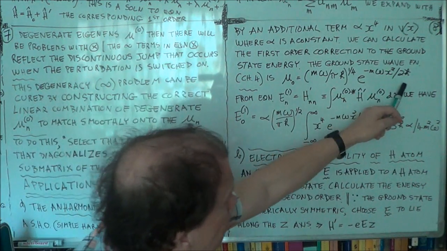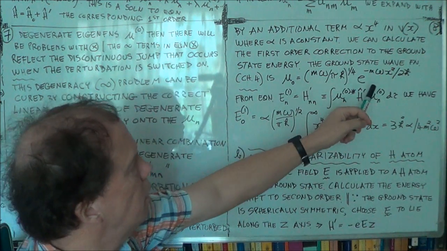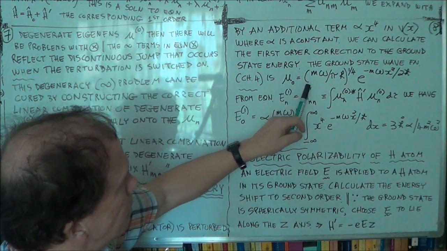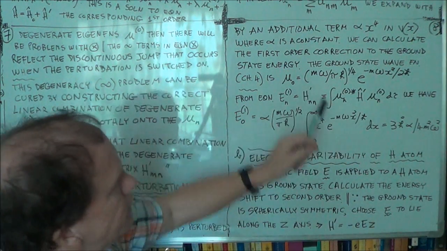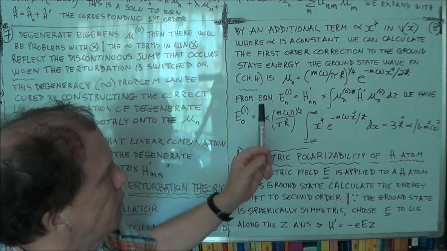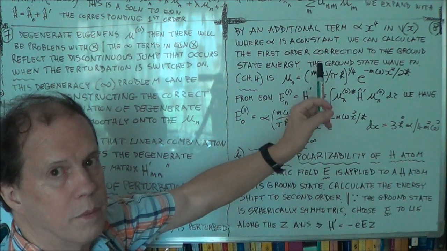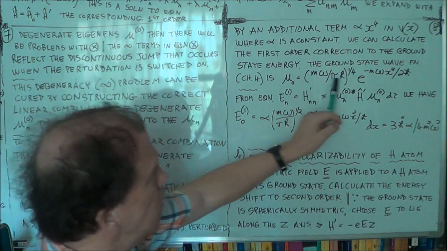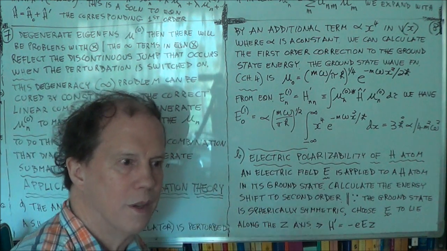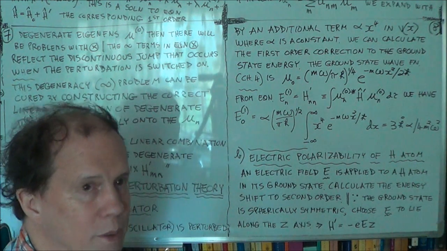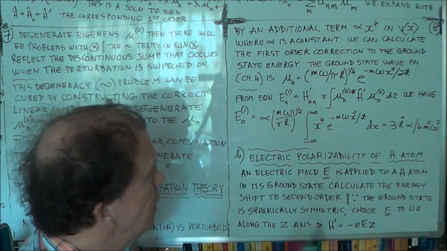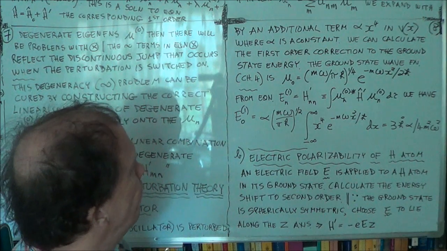If you've forgotten, go back to chapter 4 and revise. These are the eigenstates for the unperturbed simple harmonic oscillator. And look, it's an exact term, not a numerical approximation with real numbers. It's in a nice, simple, exact form.